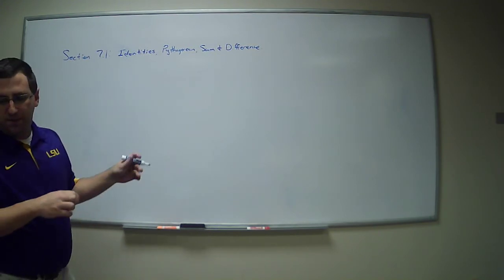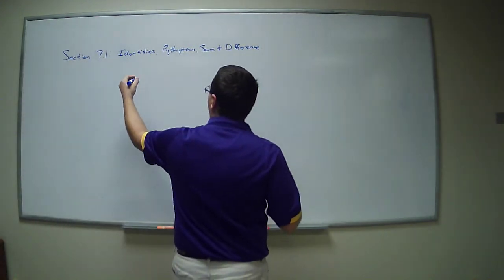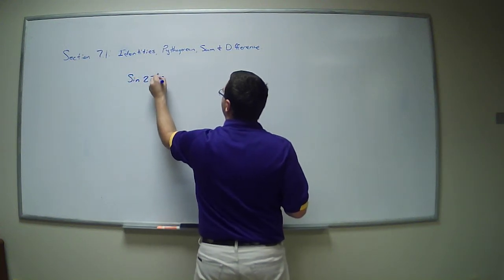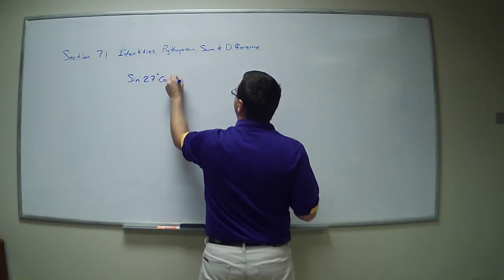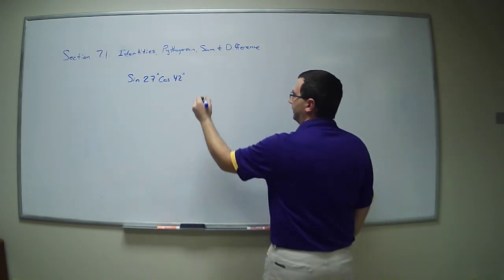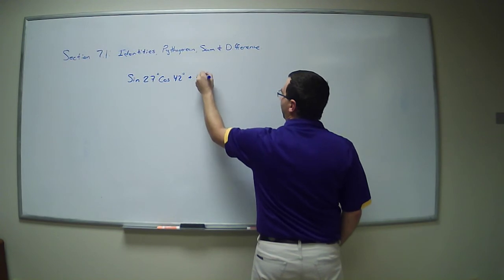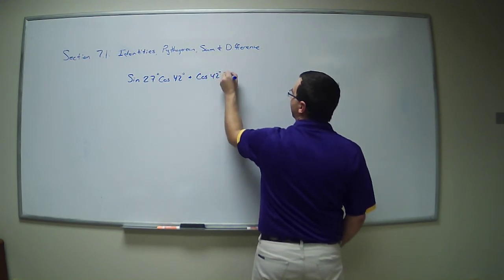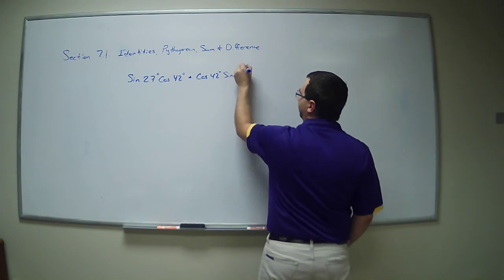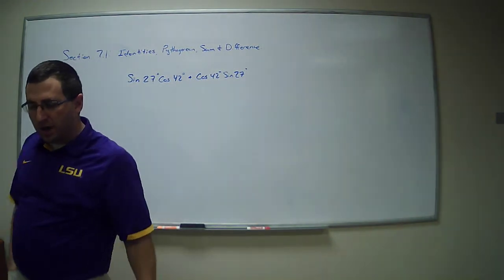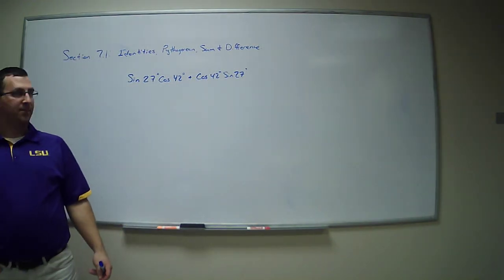Meaning, what if you're given sine of 27 degrees times the cosine of 42 degrees plus the cosine of 42 times the sine of 27. Okay? What if you're given that and you've got to figure out what the angle is?